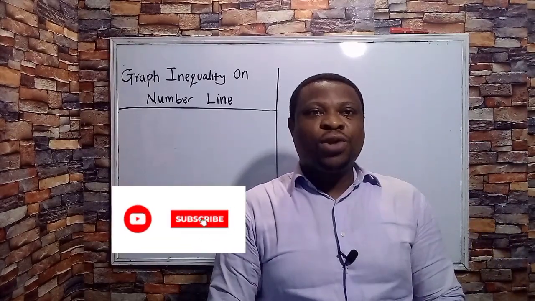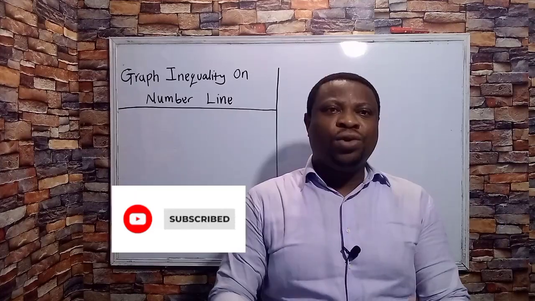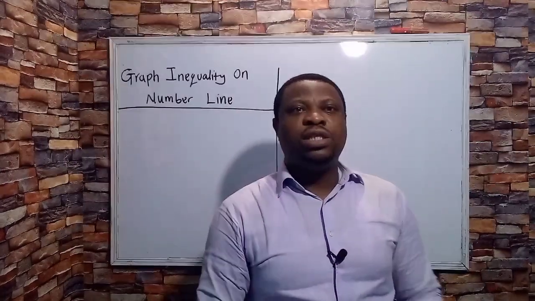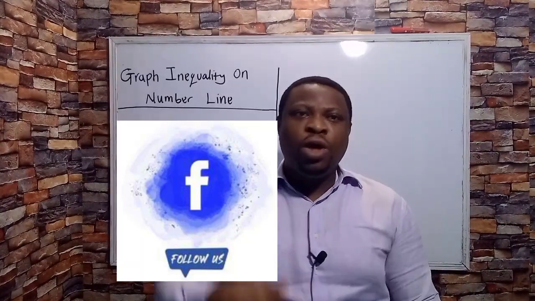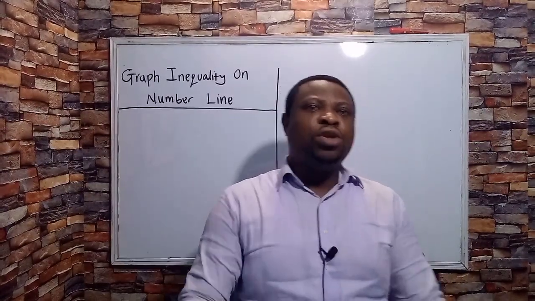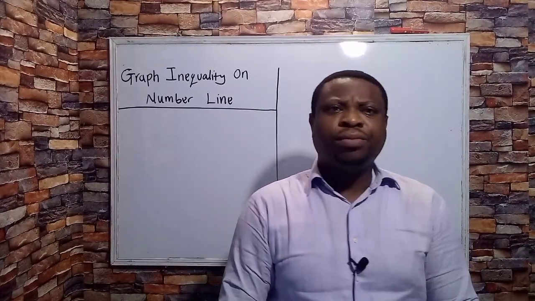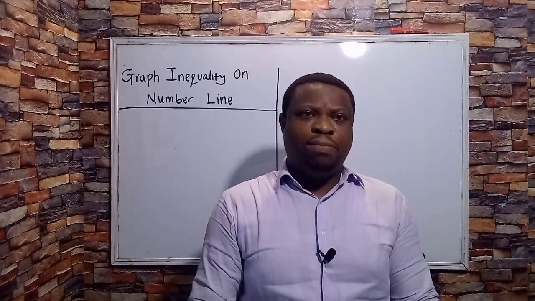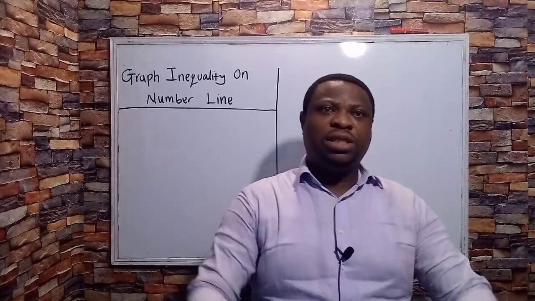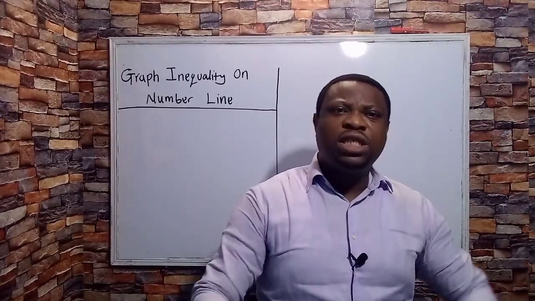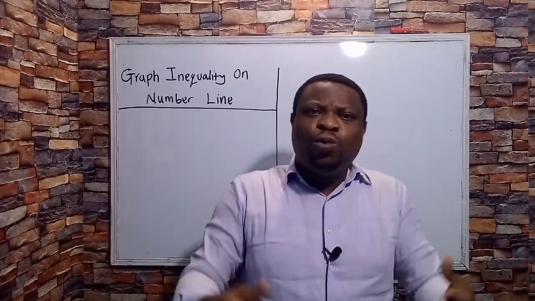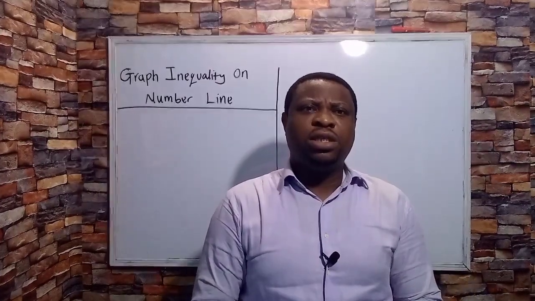Today we shall be discussing how to graph inequality on a number line. But before we go into graphing inequality on a number line, let us first explain what inequality means. The symbolic expression of the fact that two quantities are not equal is what we call inequality.